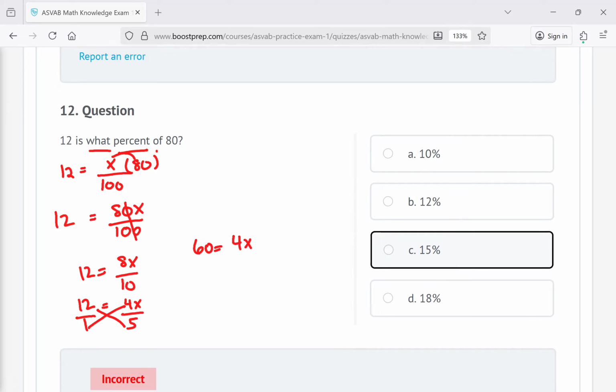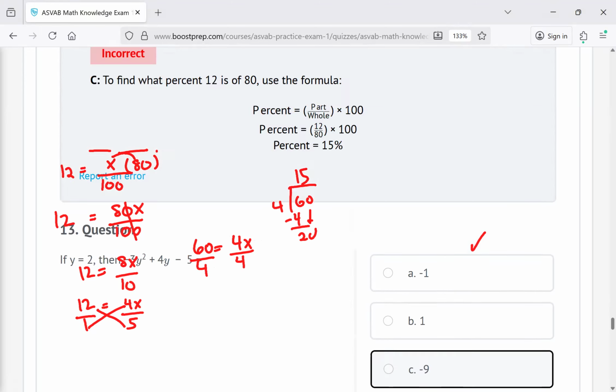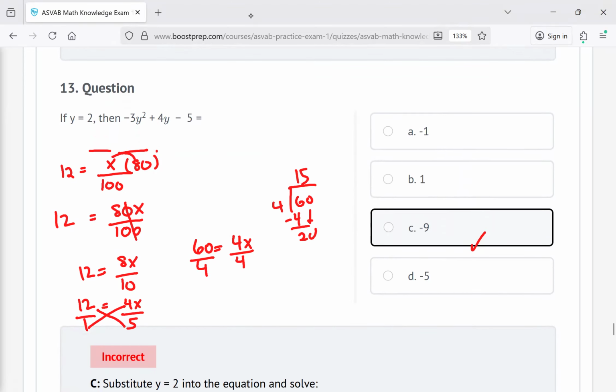Go ahead and solve for x by dividing both sides by 4. 60 divided by 4 is 15. That's how they got 15%. Okay, let's do this one.